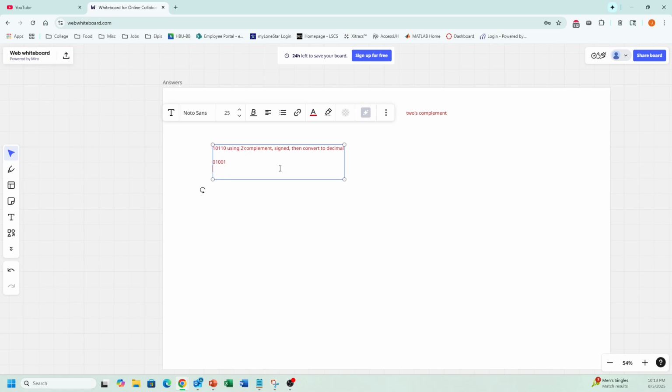Then we add 1 to it. So 1 plus 1 is 1, 0. Keep the 0, carry the 1. So you get 0, 1, 0, 1, 0.